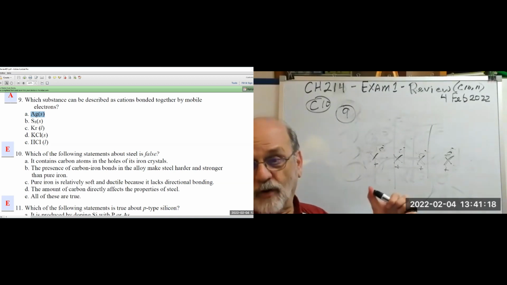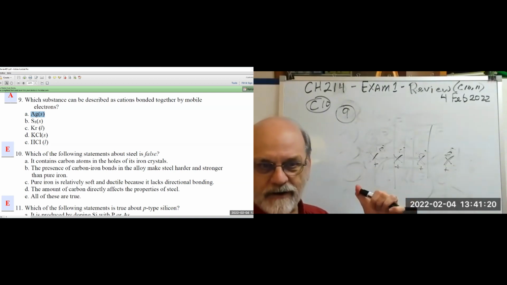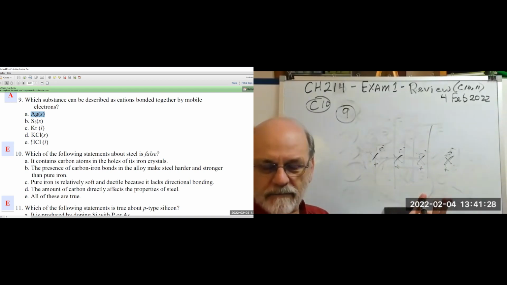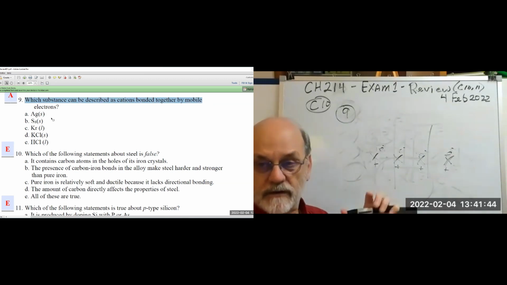Krypton, that's a noble gas. It has no mobile electrons. KCl, that's ionic bonding. And HCl is hydrogen bonding, and maybe let's just say dipole interactions. Okay, so the best answer based on this statement here is silver.